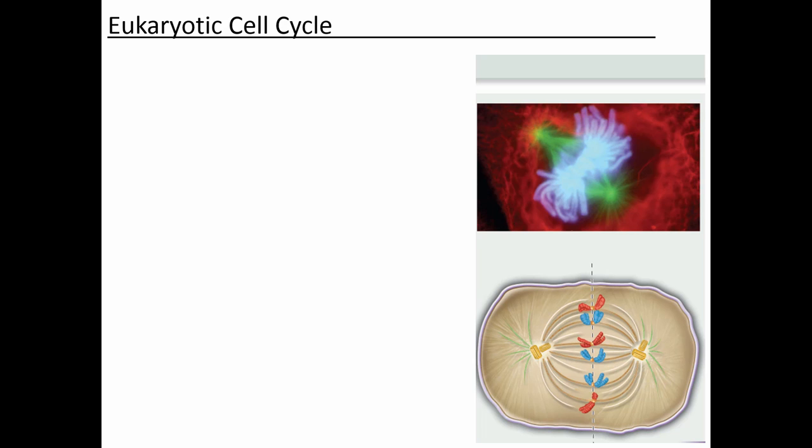We can call the center of the cell the metaphase plate, so you would say that the chromosomes align down the metaphase plate. It's just the center of the cell between the two poles that are defined by the centrosomes.